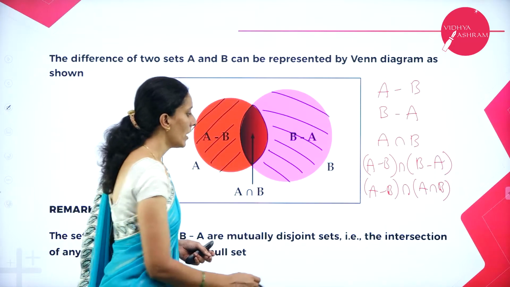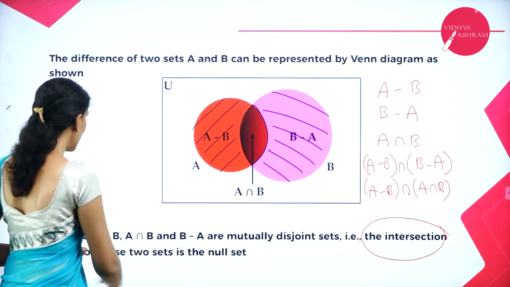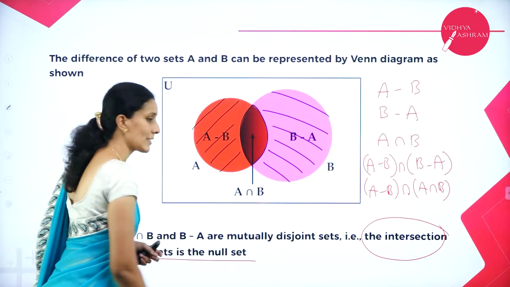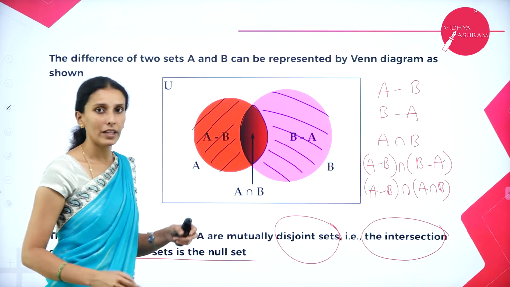That means the intersection of any of these sets is the null set. Therefore, they are disjoint sets.